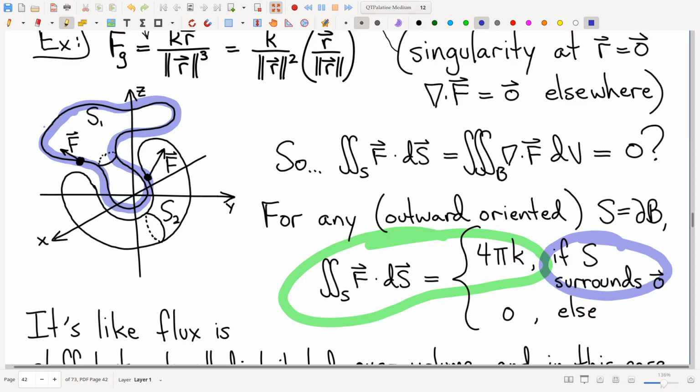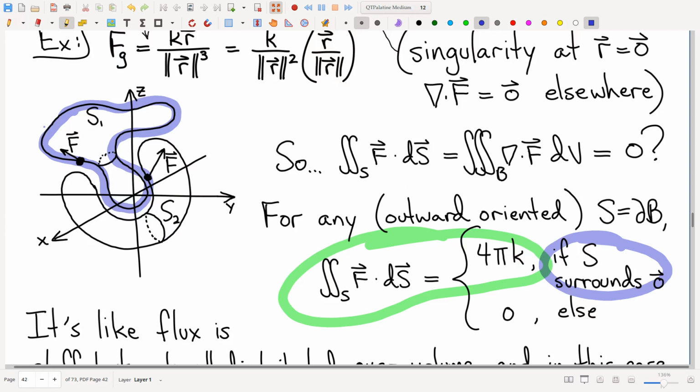If you pick a sphere centered at the origin, then all your normal vectors are parallel to your field vectors, and the calculation falls apart pretty straightforwardly. And ultimately the 4 pi comes from the fact that that's the area of the unit sphere. But that is a good exercise, and I want to encourage everybody to take a crack at that.